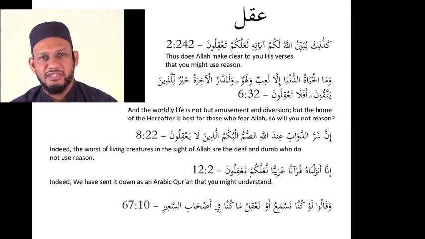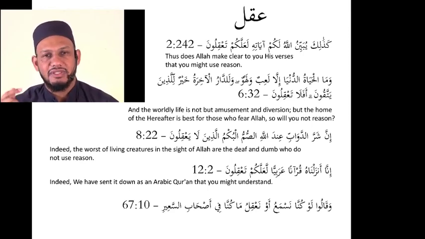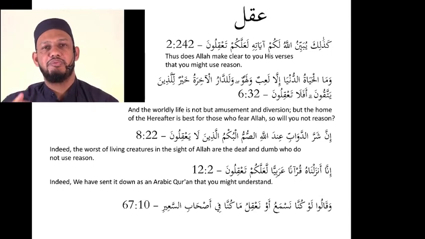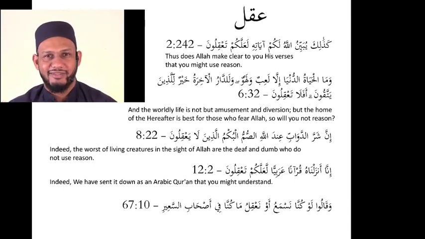These are all deceptions that, if the aql is unrestrained, the deception will overtake your life. And a person whose deception has overtaken their life is by definition, according to Allah, an unintelligent person. In fact, Allah says, Sharrad Dawab, they are the worst of people.